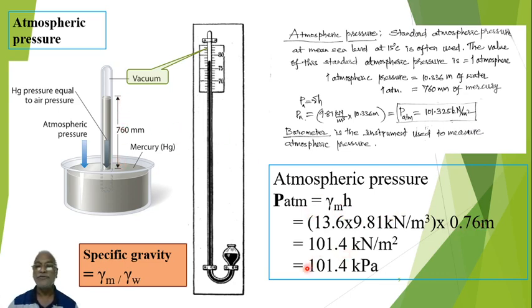So overall it gives you atmospheric pressure as 101.4 kilopascals. Slight variation in this number would be there, but you can always take it as 101.4 or 101.3 kilopascals, kilonewton per meter square. We'll go further.